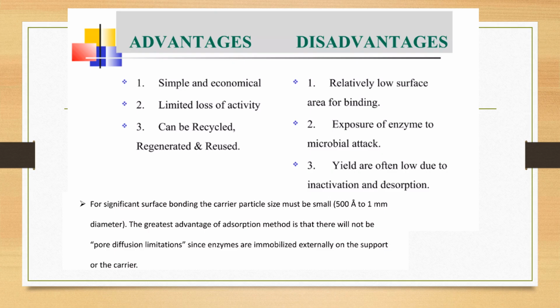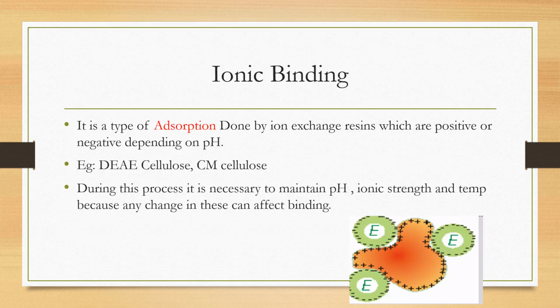And one of the most important advantages of the adsorption method is that there are no pore diffusion limitations, since the enzymes are externally supported. That means enzymes will not get leached out from the surface of the carrier, since they are externally immobilized on the support or the carrier.